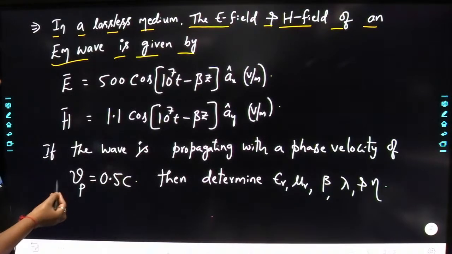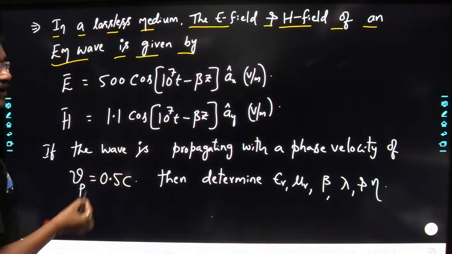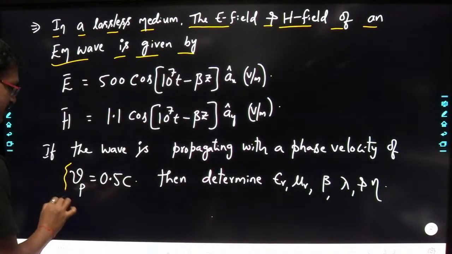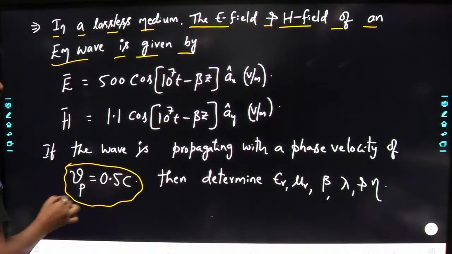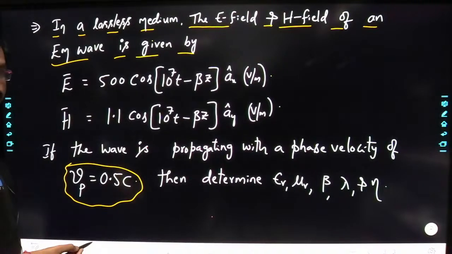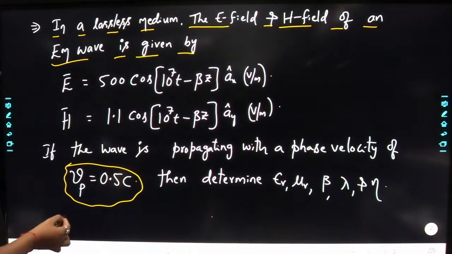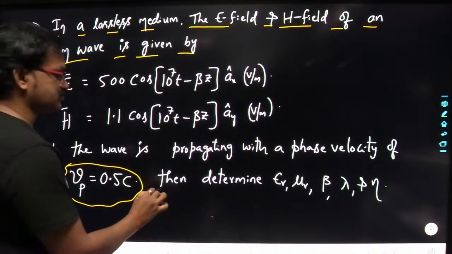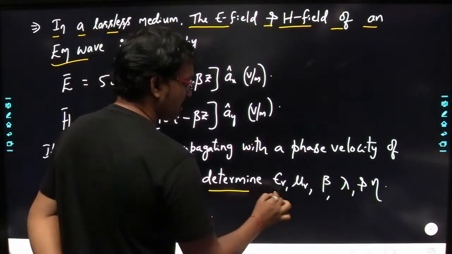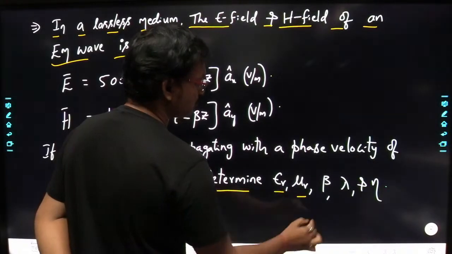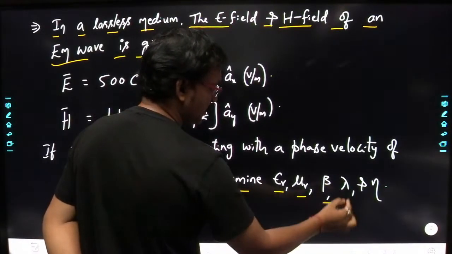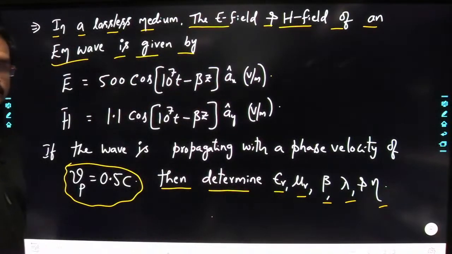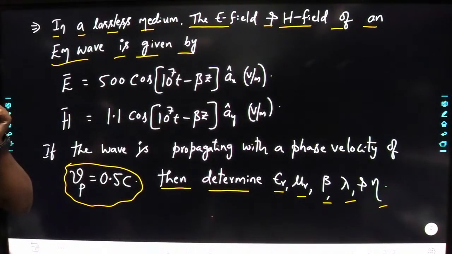The phase velocity Vp is 0.5 times C, half of the velocity of light. Determine epsilon r, mu r, phase constant beta, lambda and intrinsic impedance eta.